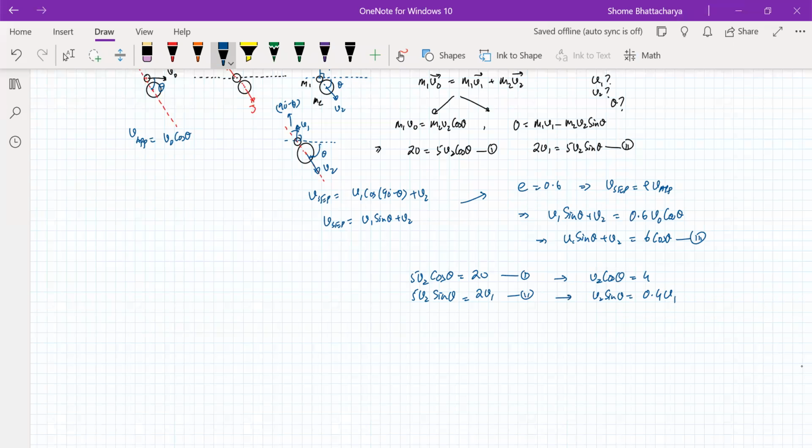Okay. And then we have this equation that v1 sin theta plus v2 is equal to 6 cos theta. So what is the easiest way of solving this? Let's try to understand that now.